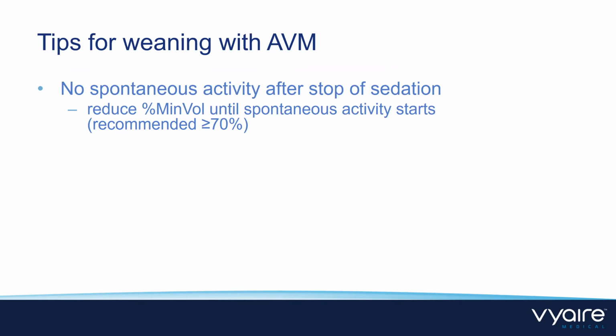I wouldn't go below 70% of minute volume, just to keep a minimum minute volume for the patient if the patient maybe has other problems than just not breathing spontaneously. And so I would just keep a minimum minute volume to keep the patient in a good state.